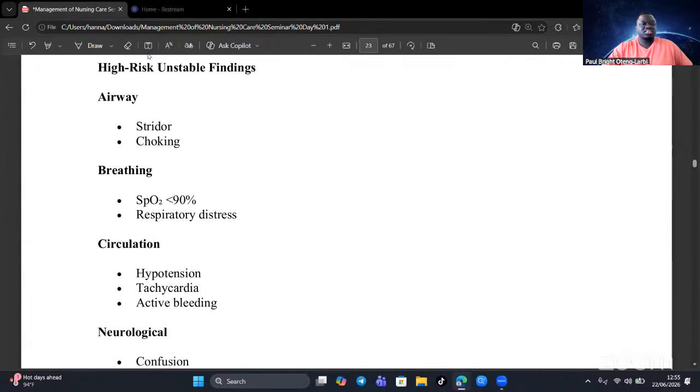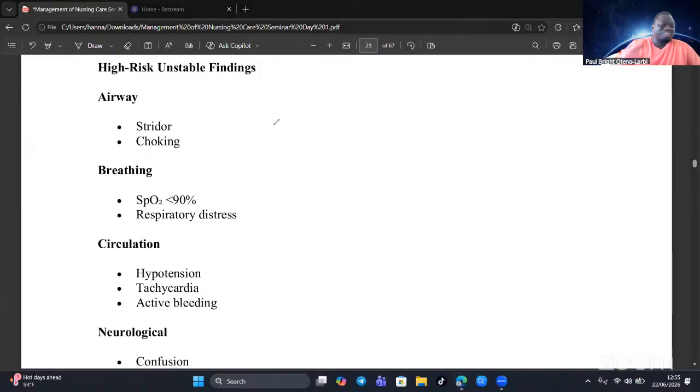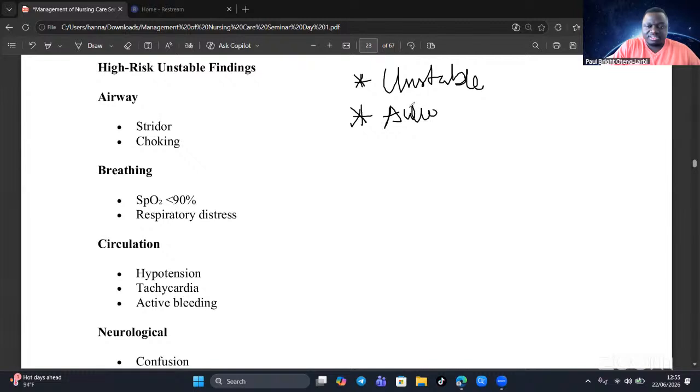Okay. Then high risk unstable patients. If a patient is unstable, this is where we are now going with whatever we are learning today. A patient is unstable. At the same time, he's having an acute problem.